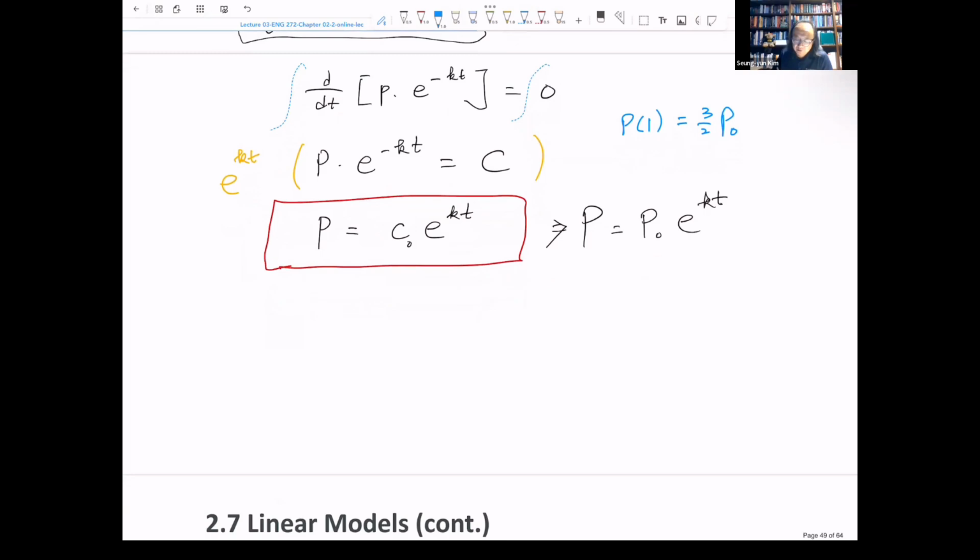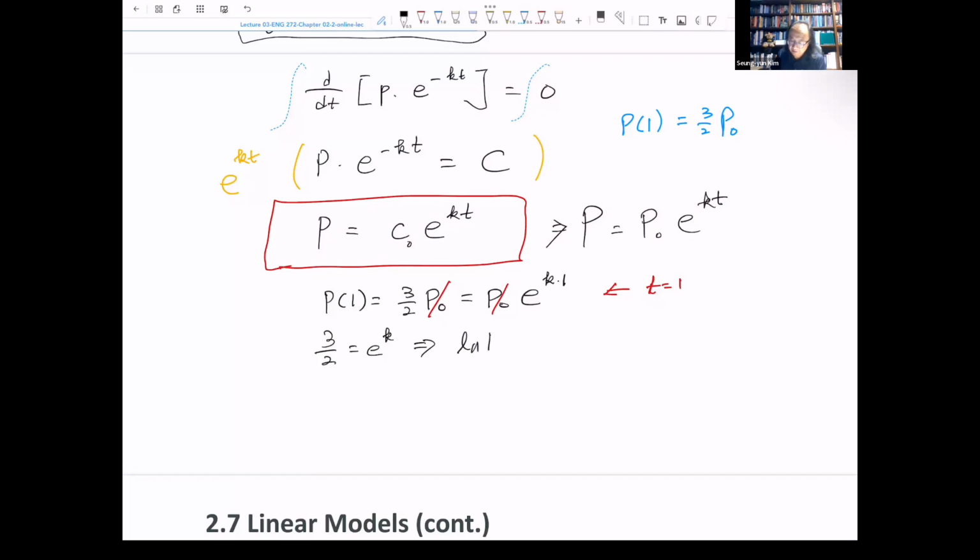So P of 1 equals 3 over 2 P naught, that equals P naught e to the k times 1. The time is t in here, t equals 1. Then P naught will cancel out, and we have 3 over 2 equals e to the k.